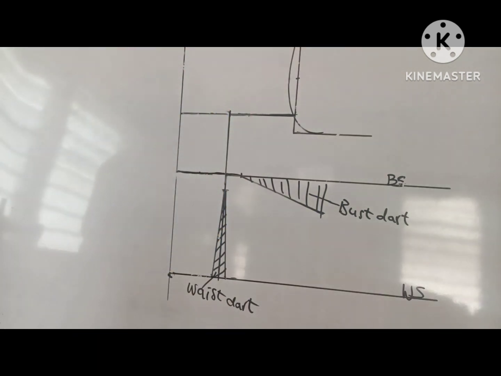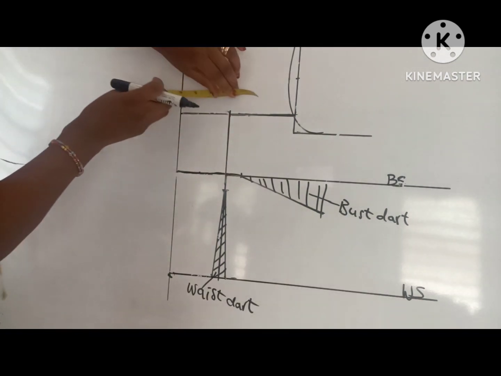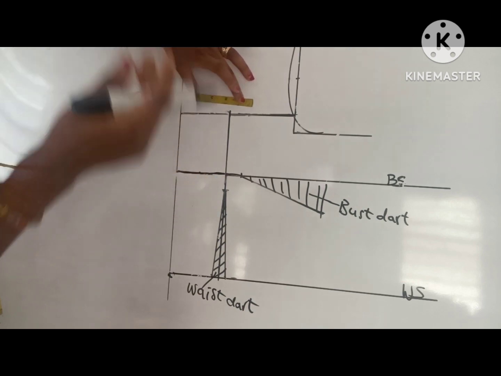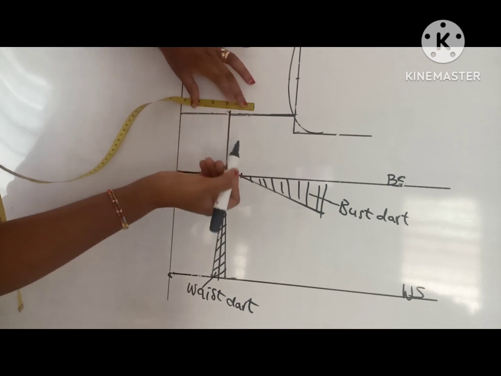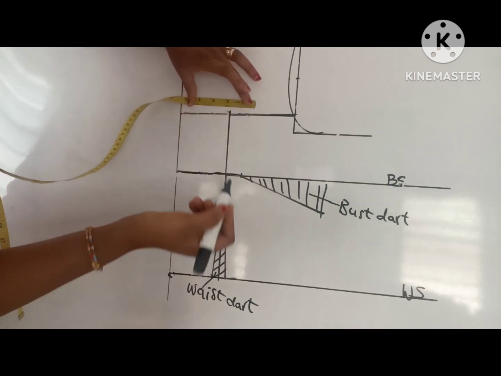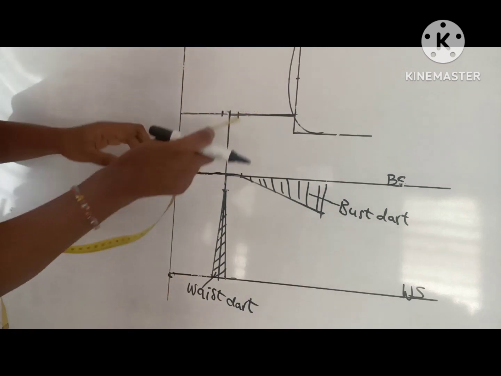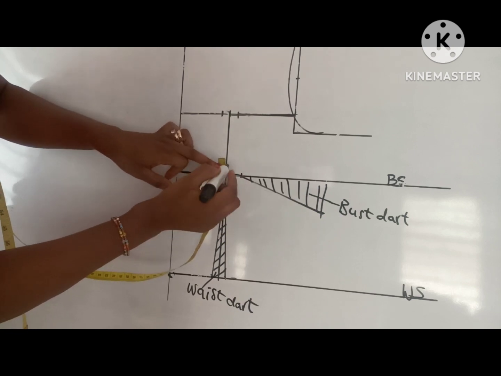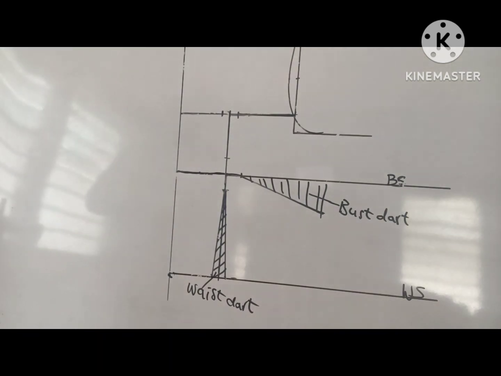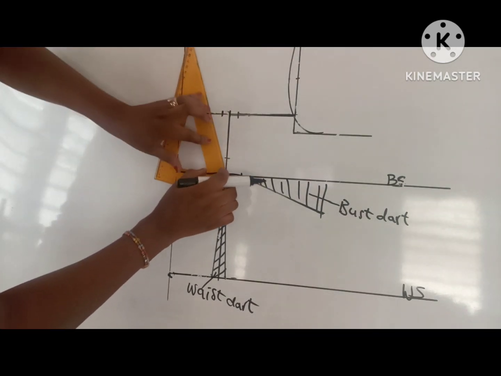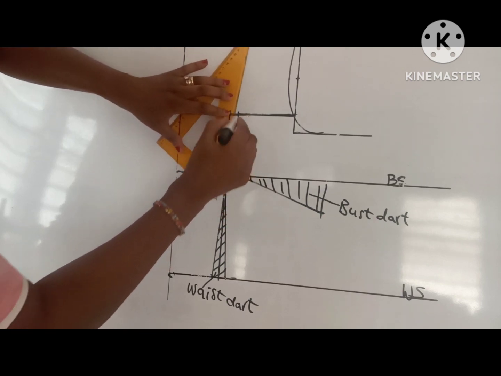So what you want to do for a chest dart is to take a dart here. This depends on the wideness or roundness of your bust. For some it can be ½ inch on both sides or 1 inch on both sides. So let's just do ½ inch on both sides. And then when you are connecting it, you will stop 1 inch before the bust point, and then you can use your ruler or your French curve to connect that, like an inverted triangle, like this.